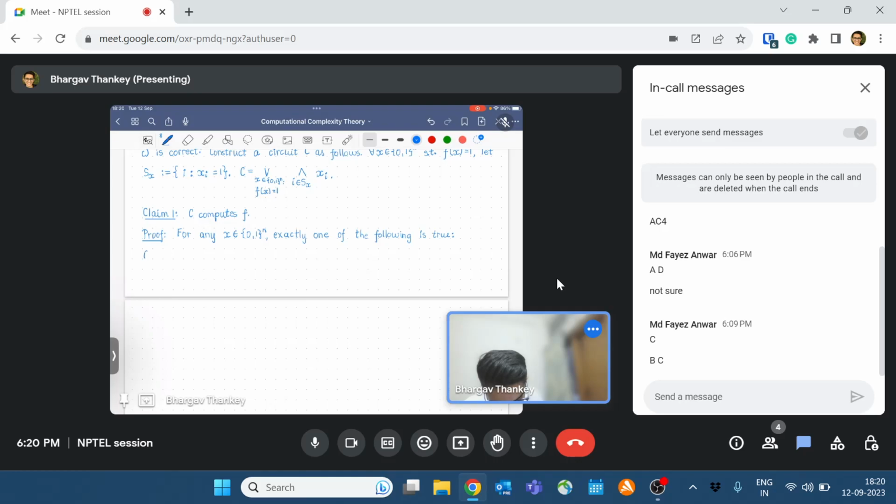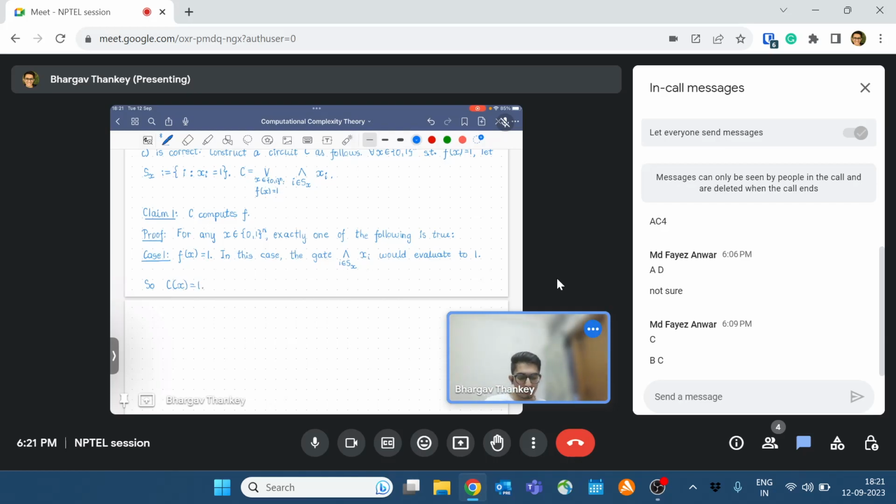Case 1, f(x) equals 1. So in this case, the gate evaluates to, so C(x) equals 1.